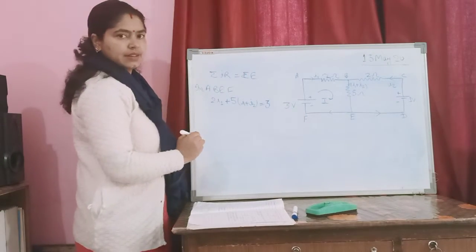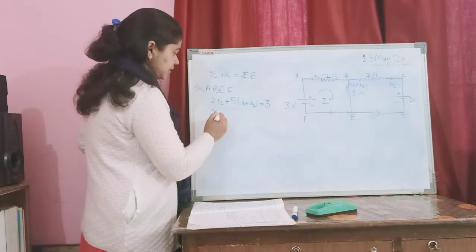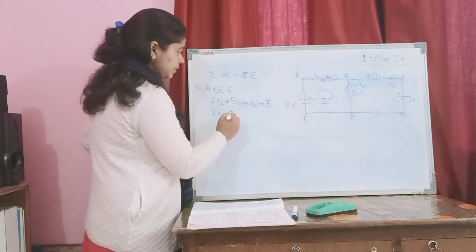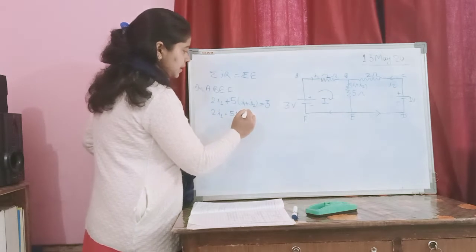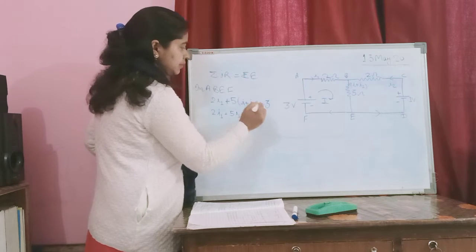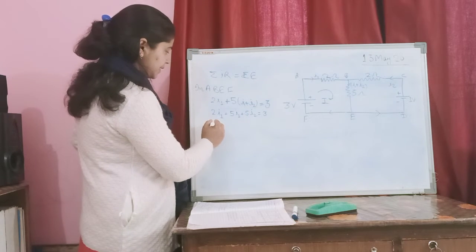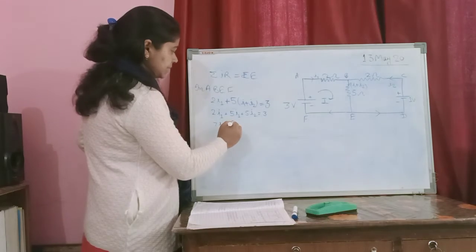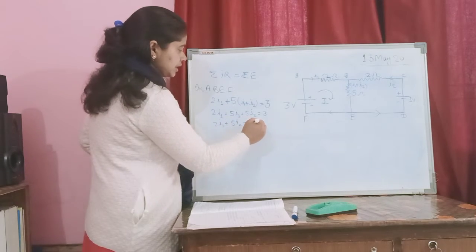So we get the equation 2I1 plus 5I1 plus 5I2 equal to 3, or 7I1 plus 5I2 equal to 3. This is equation 1.